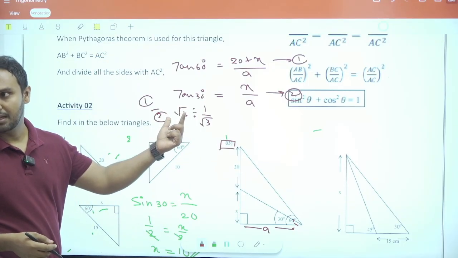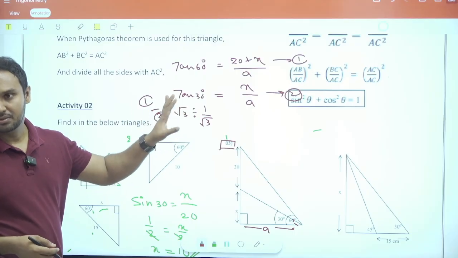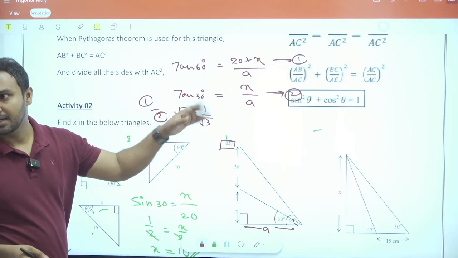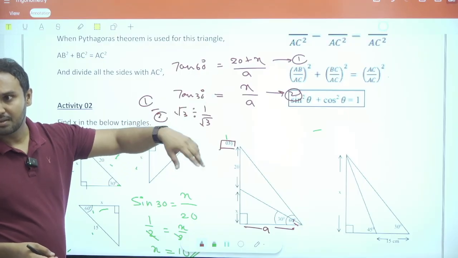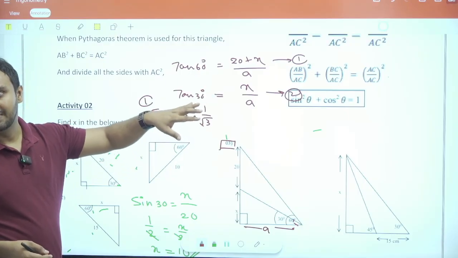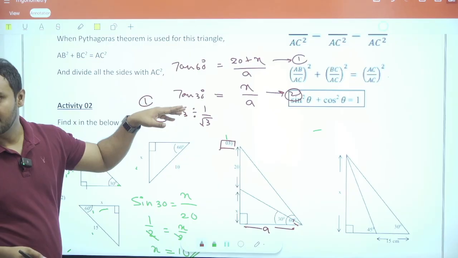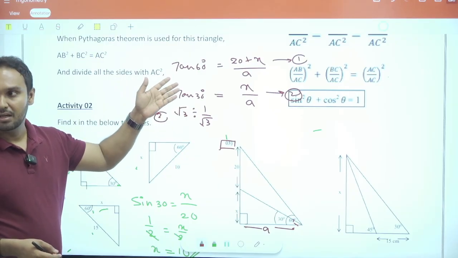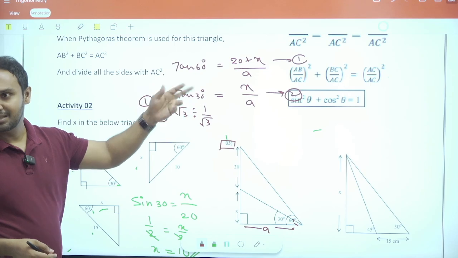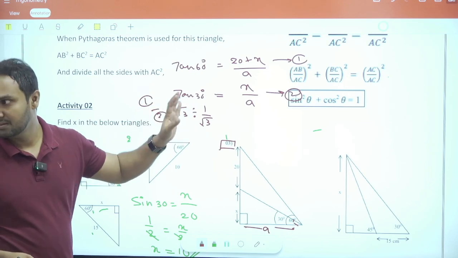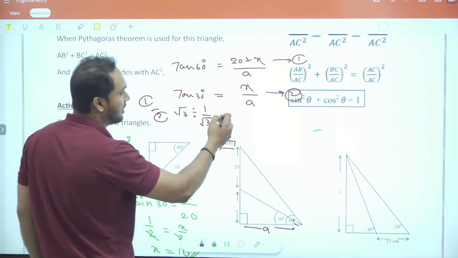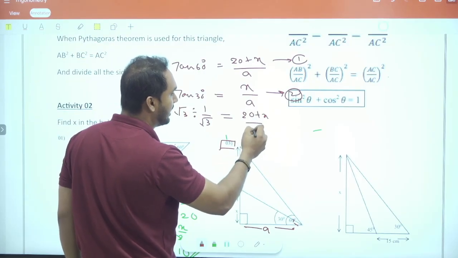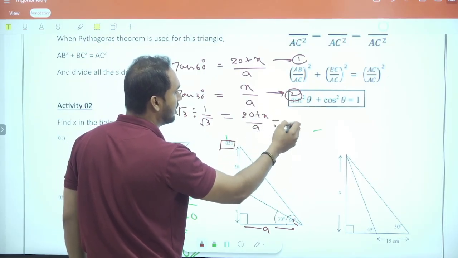This is just because it's the beginning. I'll show you how to do this in a simple way, but later you'll be able to do it faster, even mentally. Equals 20 plus x over a, divided by x over a, right?